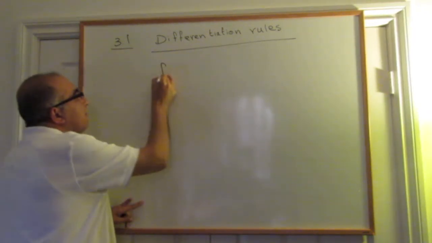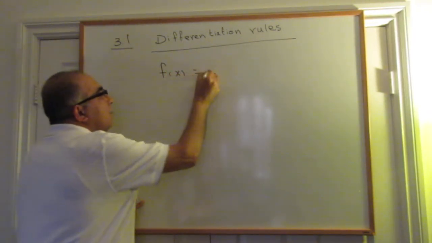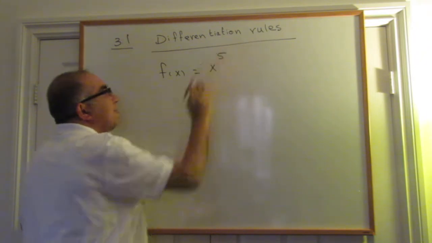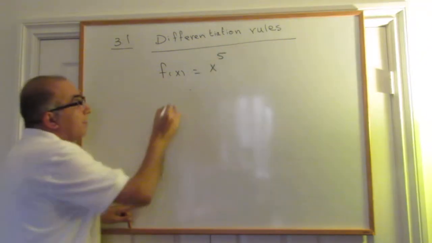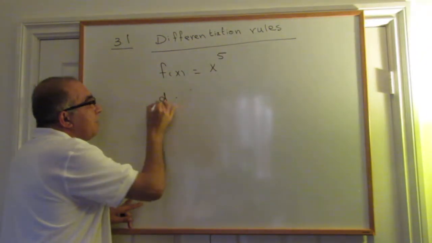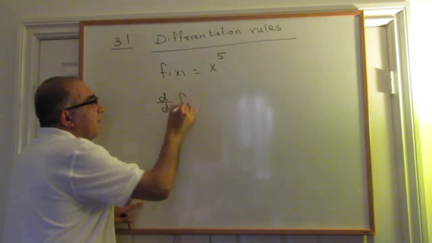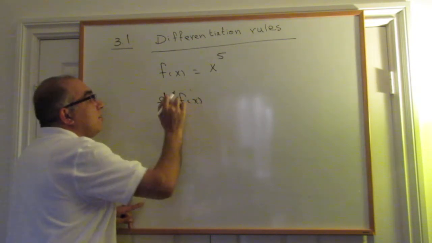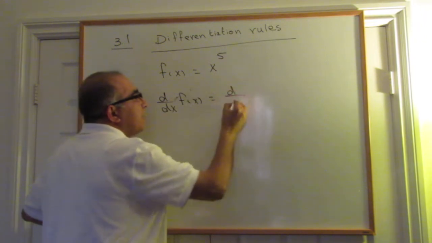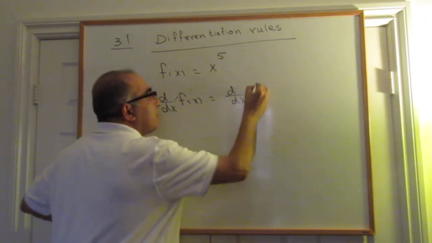For example, f of x equals x to the power of 5. Then d over dx of f of x equals d over dx of x to the power of 5.